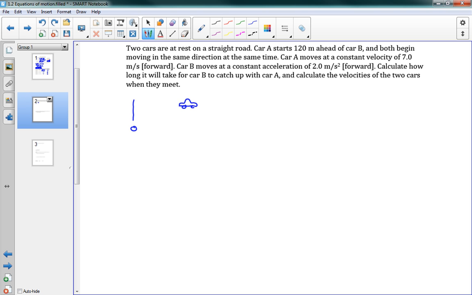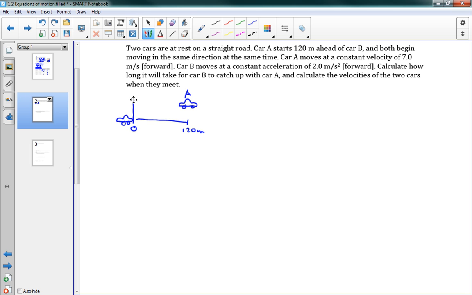That's car A, and it starts over here at 120. Car A has already started at 120 meters, whereas car B starts at 0. So I'm going to put car B right here, so that its front is right at 0.